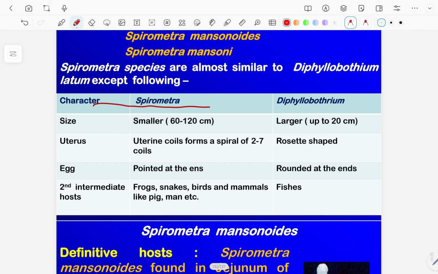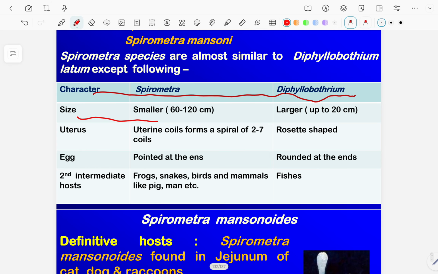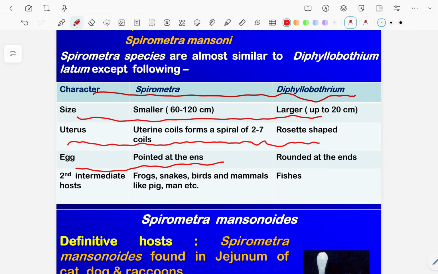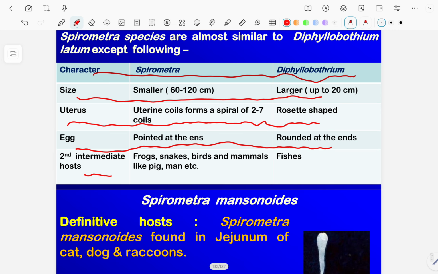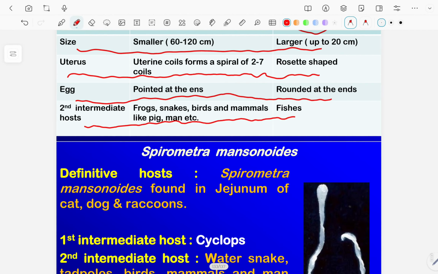Characters, Spirometra versus Diphyllobothrium: size smaller versus larger; uterus forms a spiral of 2 to 7 coils versus rosette shape; egg pointed at the end versus rounded at the end. Second intermediate host: frog, snake, bird and mammals like pig, man, fishes.